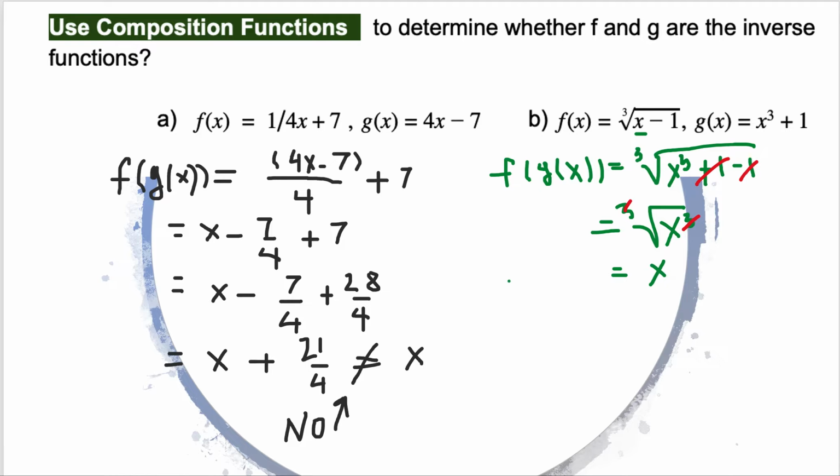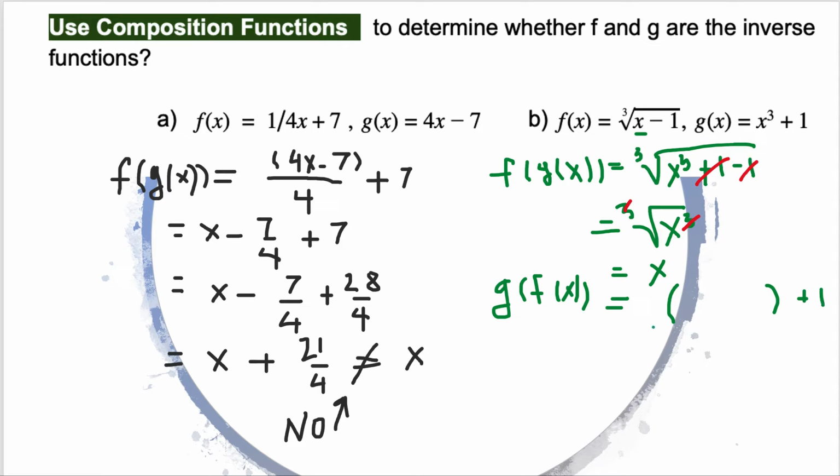The second condition is g of f of x. Instead of the function g, I have x cubed. I will leave an empty place here because I have to plug in the function f of x, and here is a plus 1.